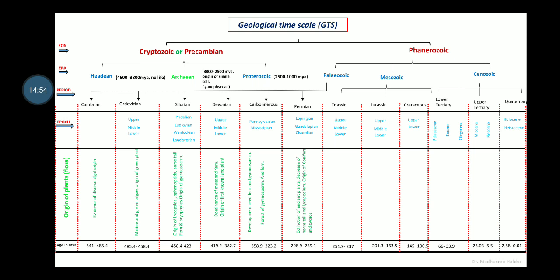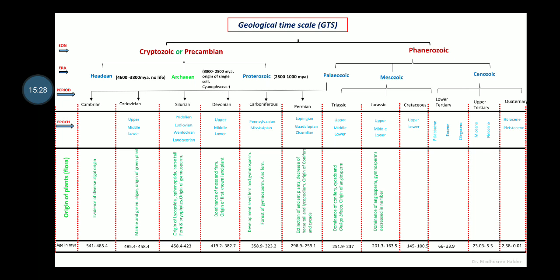And further, in the Mesozoic era, the first period is Triassic. Here, dominance of conifers and cycads, and Ginkgo biloba, which we studied in our syllabus as a living fossil. So in this period Ginkgo biloba originated, and today also we find Ginkgo biloba. And in this period, origin of angiosperms is also found.